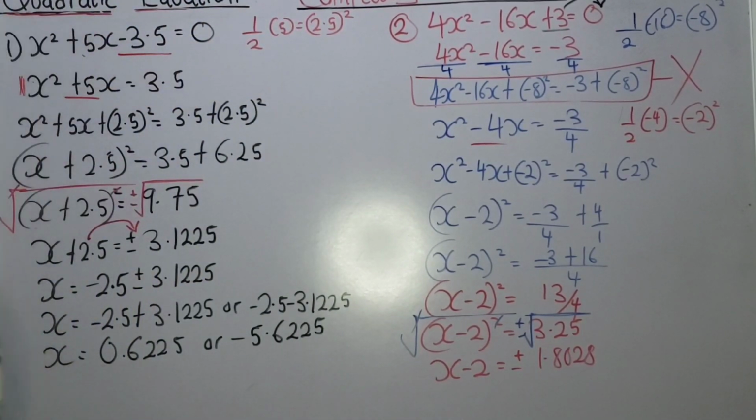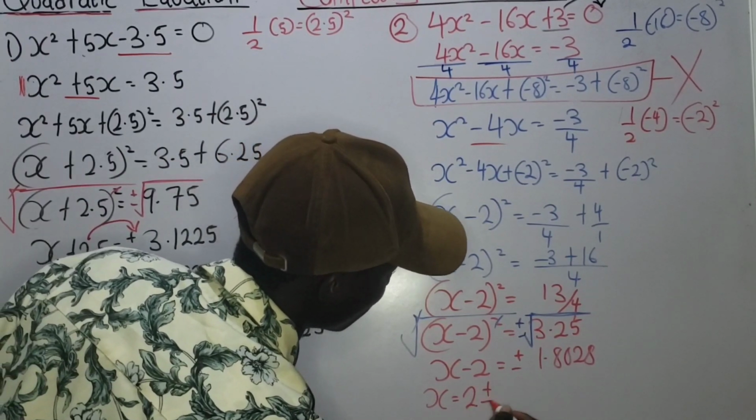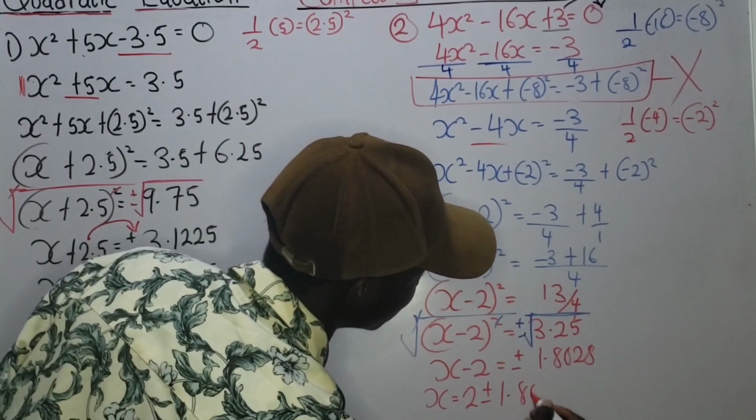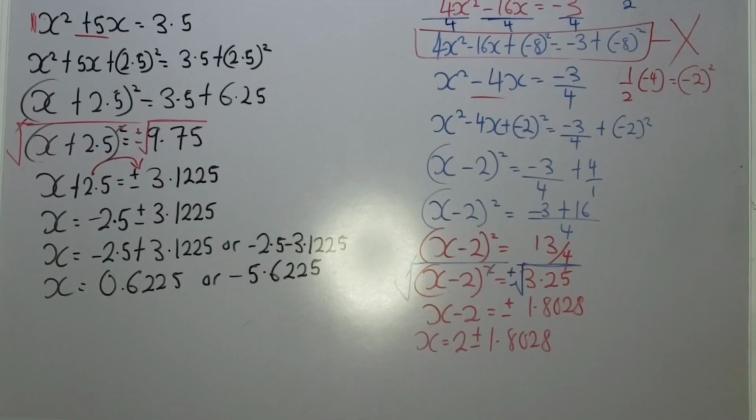Now the next step is that I'm going to take the negative 2 to the other side of the equation. Do you understand? So the equation becomes like this: x is equals to 2 plus or minus 1.8028. Okay, so from this point I'm going to separate the sign.